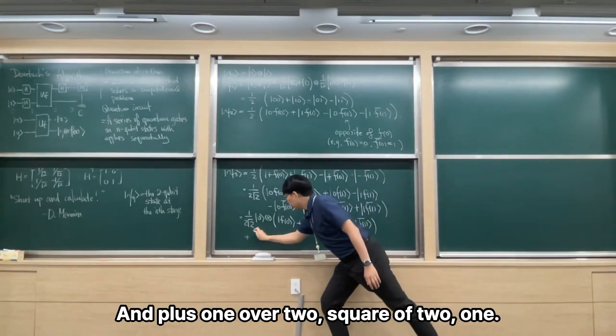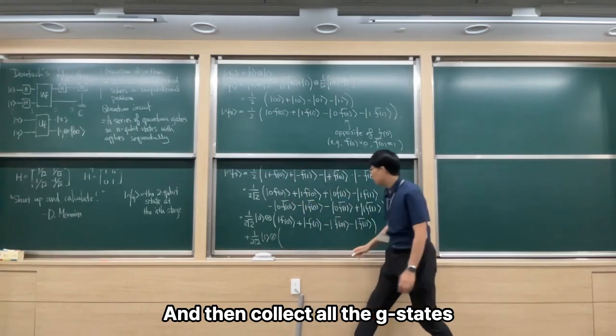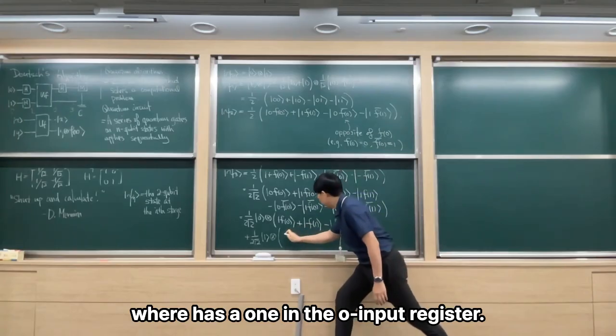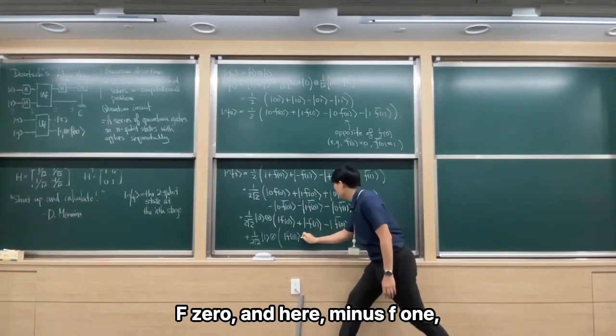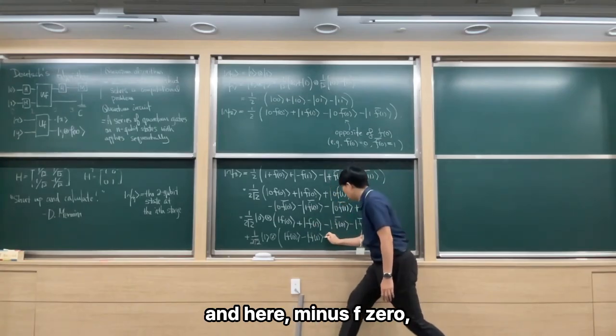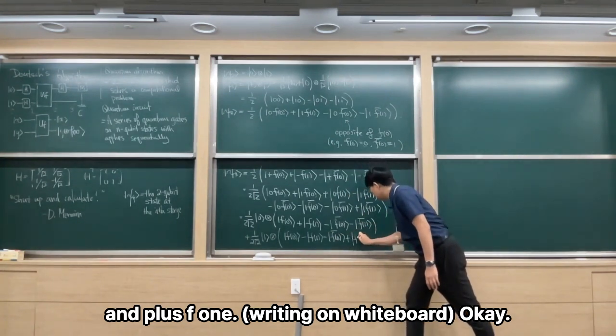And plus 1 over 2 square root of 2, 1, and then collect all the states where there is a 1 in the input register. F0, and here minus F1, and here minus F0, and plus F1. Okay.